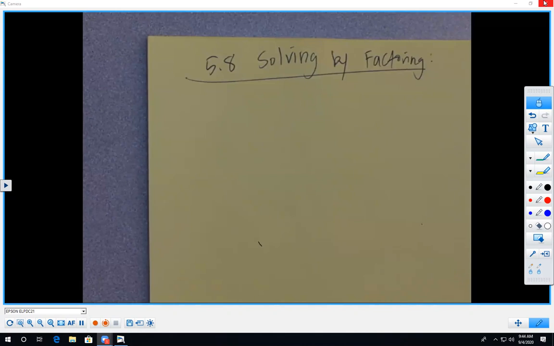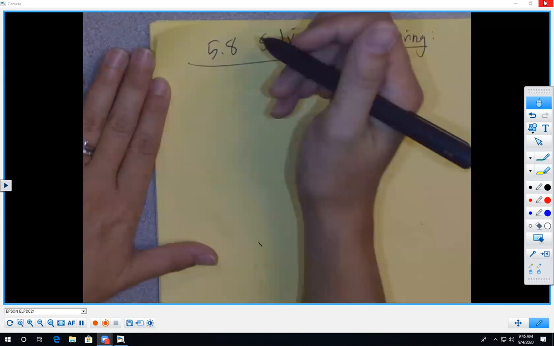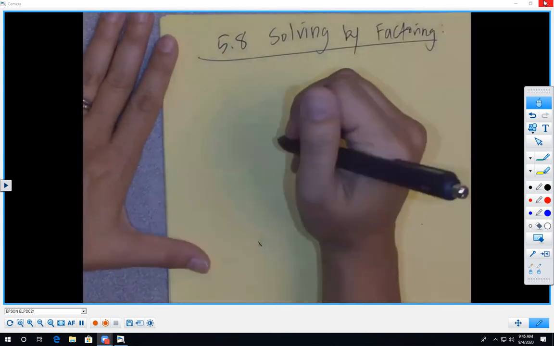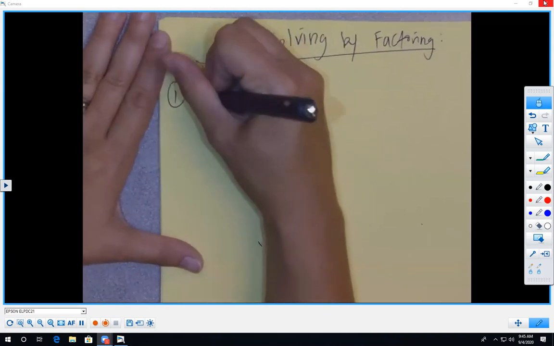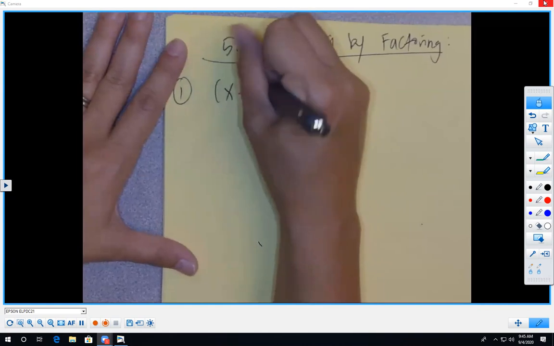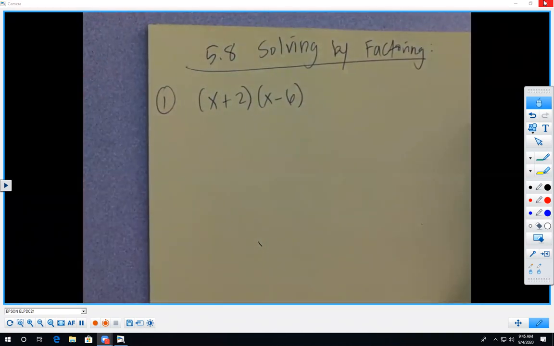Okay, so we can actually solve quadratic equations, solve equations that have an x squared in them by factoring. And it's actually one of the easiest ways to solve. And you'll be doing this a whole bunch in college algebra and in this class later on. So if I had a problem, we're going to start off pretty easy. If I had x plus 2 times x minus 6, that's already factored, right?